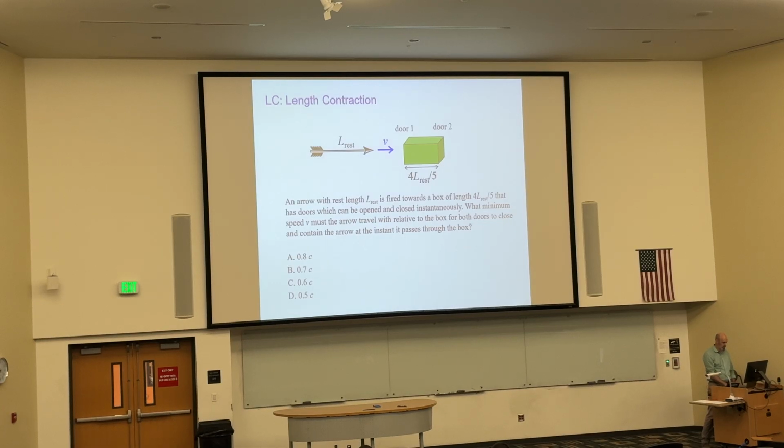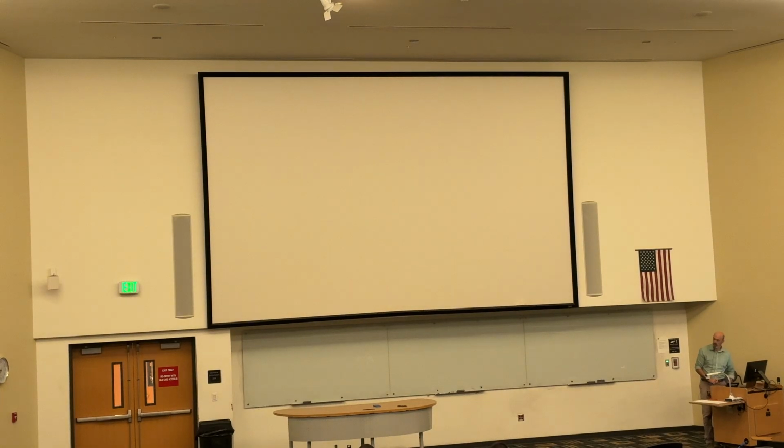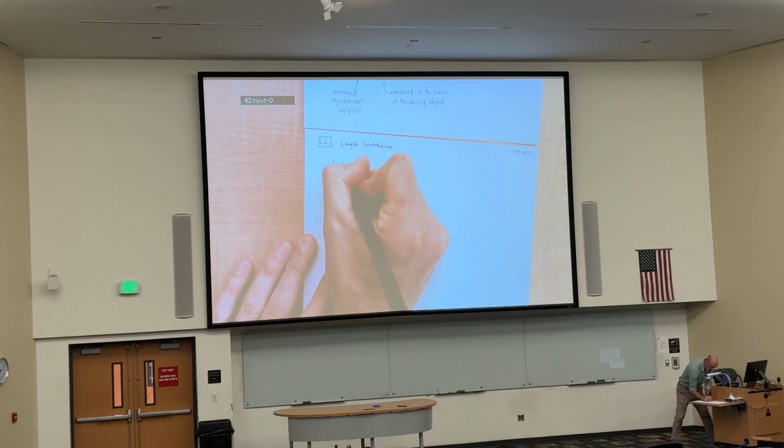The correct answer was, had the wrong arrow, 0.6 c, 6/10 of the speed of light. So let's work out how you actually get that answer. We want the length of the arrow to be 4/5 the rest length of the arrow.